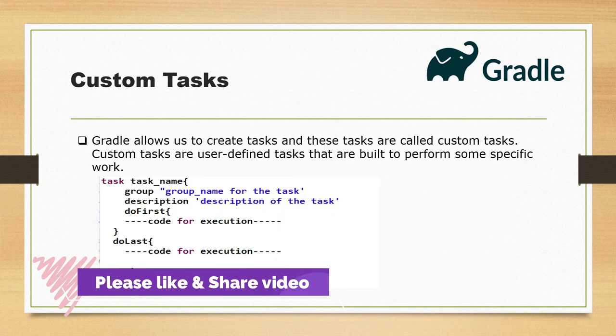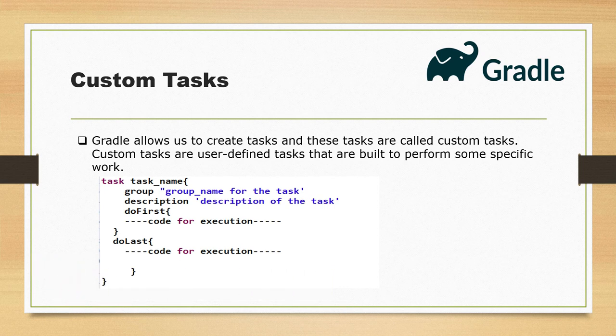Now let's move ahead and talk about the custom task, right? Gradle allows us to create custom tasks. Custom tasks are user-defined tasks that are built to perform some specific work, right? So how can we define custom tasks?